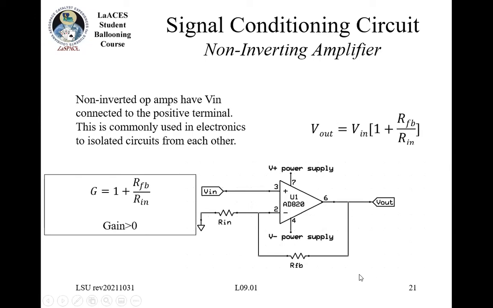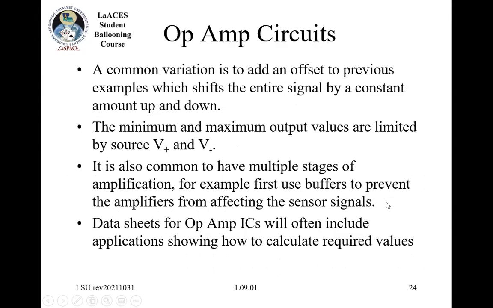For the non-inverting amplifier, that's not as much of a case because I'm usually expecting a positive input and a positive output. But you need to supply a sufficient voltage to the op amp to get the actual output you're trying to get.